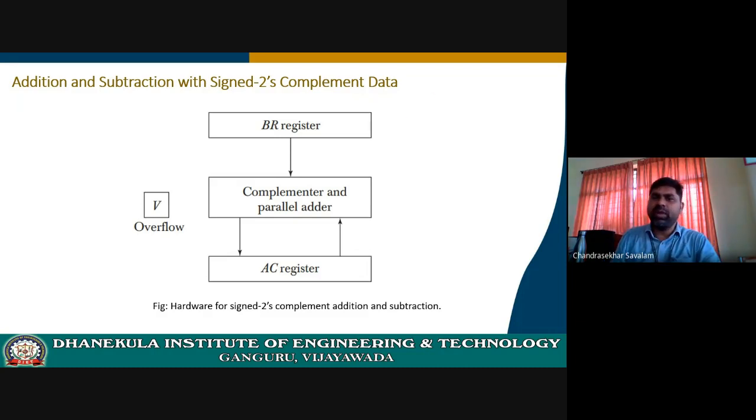In 2's complement, numbers range from minus 2 power n minus 1 to plus 2 power n minus 1 minus 1. Suppose n is equal to 4, for example. Minus 2 power 3 means minus 8 to plus 7. So if n is equal to 4, in 2's complement representation you can represent the range of numbers from minus 8 to plus 7.